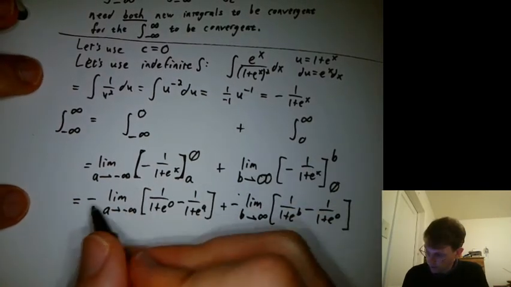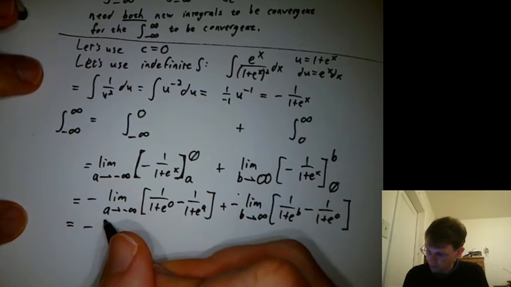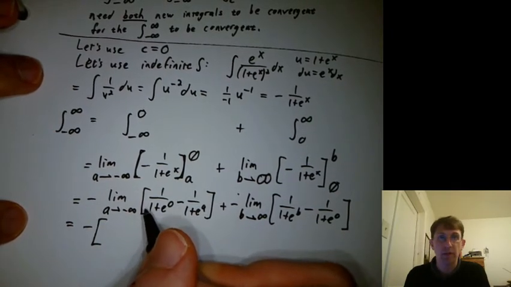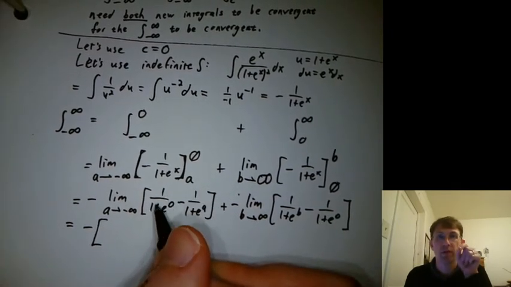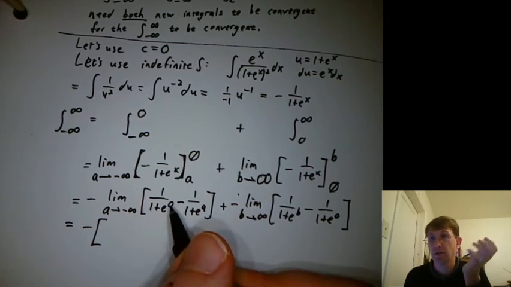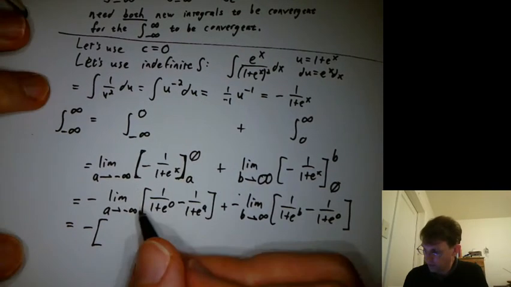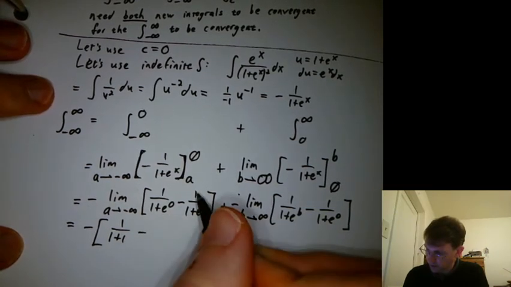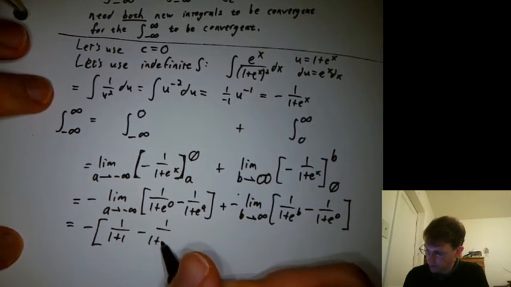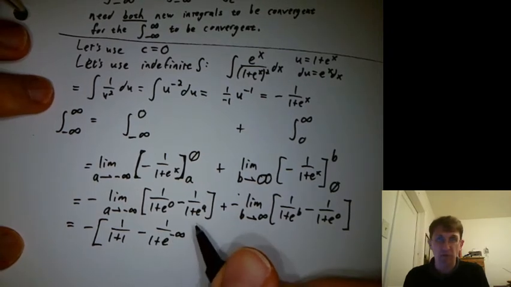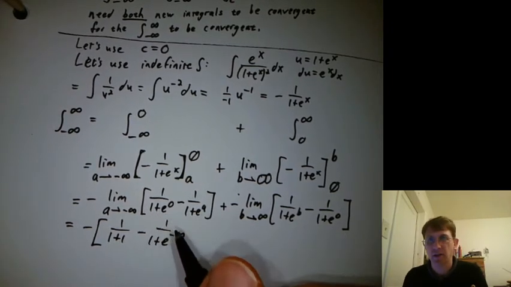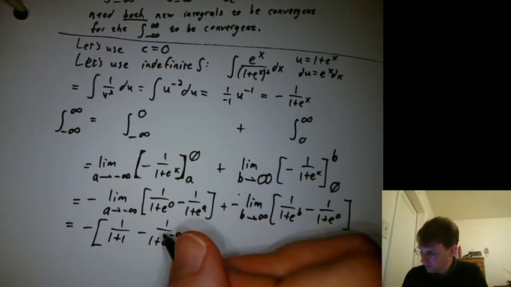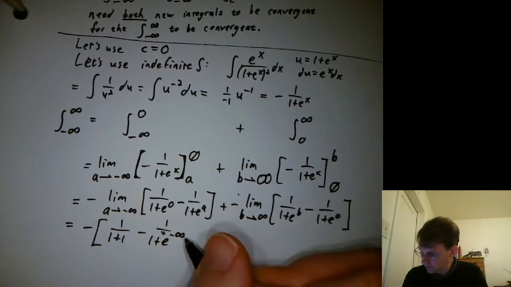And now what? It helps me to think of this as kind of plugging in minus infinity. Well, first of all, what is 1 over 1 plus e to the 0? e to the 0 is 1, not 0. So we're getting 1 over 1 plus 1 there. Here we'd get 1 over 1 plus e to the minus infinity if you plugged in the minus infinity, which you're really not supposed to do, so we'll put quote marks around it.